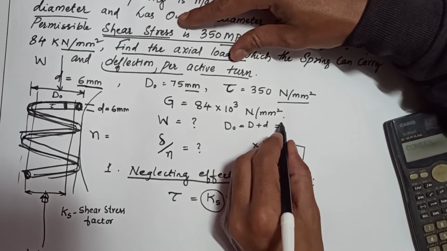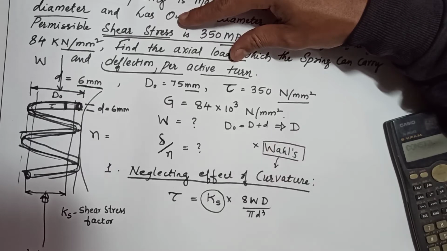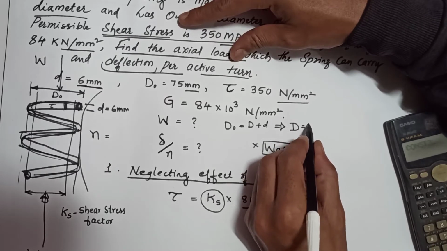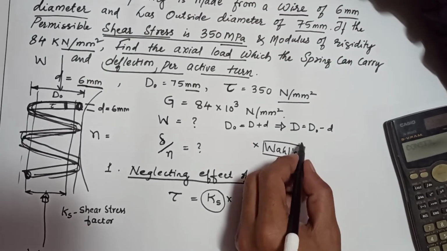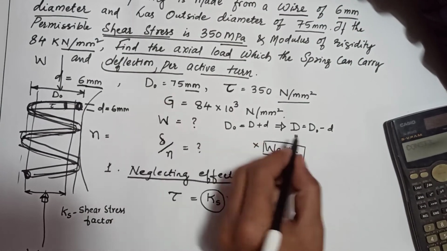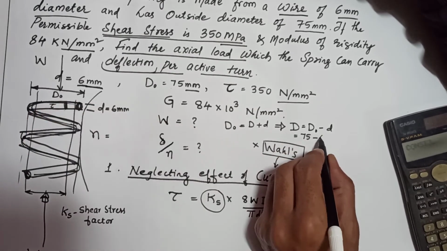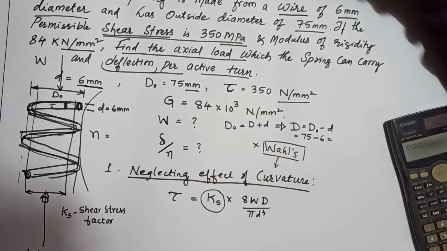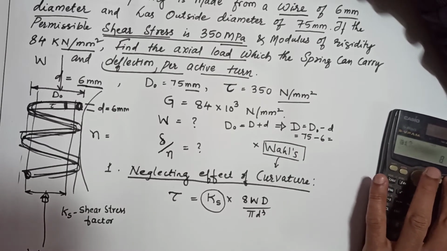If you want to calculate the mean diameter, it is D naught minus small d, you can make that modification. D naught is given as 75 minus small d, which is 6. So 75 minus 6 will be 69.